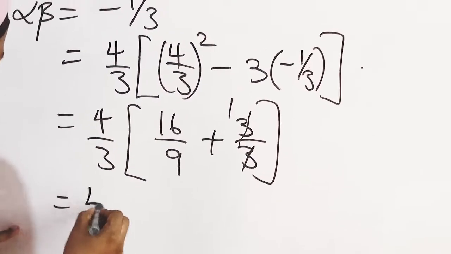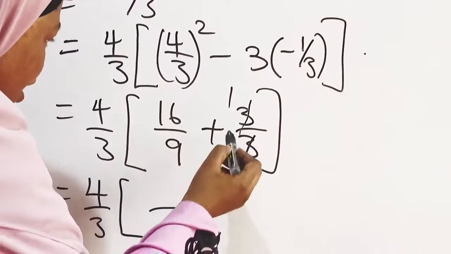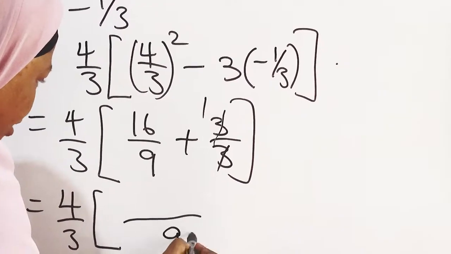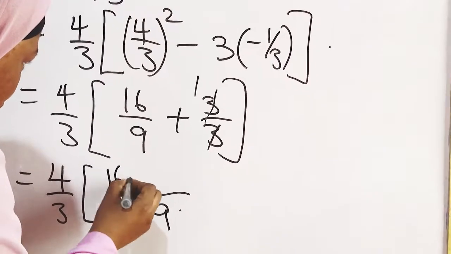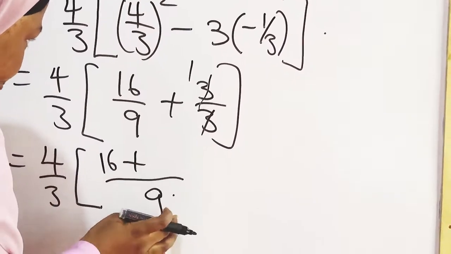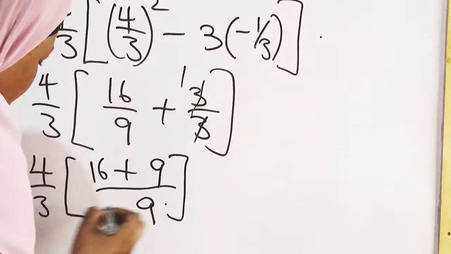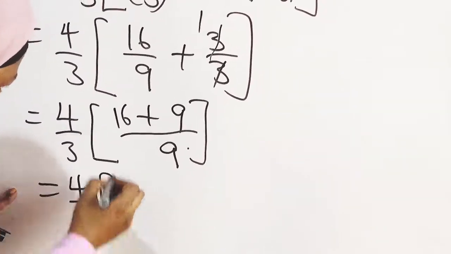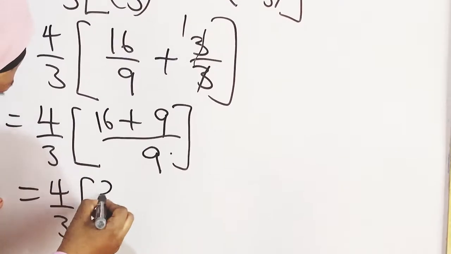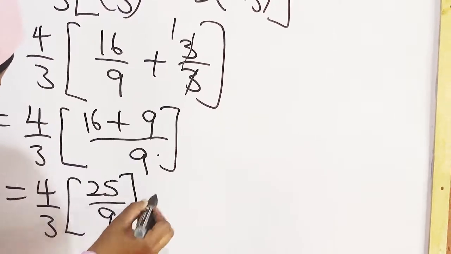So we have 4 over 3 multiplied by, find the LCM of 9 and 1, 9. So 9 in 9, 1 multiplied by 16, 16 plus 1 in 9, 9 multiplied by 1, 9. So we have 4 over 3 multiplied by 16 plus 9 is equal to 25, and everything over 9.